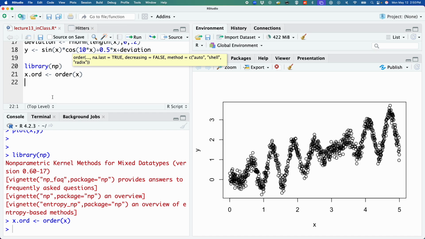I'm doing x.ord, which is ordering my x's. So thinking about what a kernel regression is doing, why might I want to order my x's? You mean sort them? Yes, going from smallest to largest, right? A kernel regression fundamentally is a local regression, so it wants to look at slices of the data based on your bandwidth. And so it's most efficient to sort all of that data first.